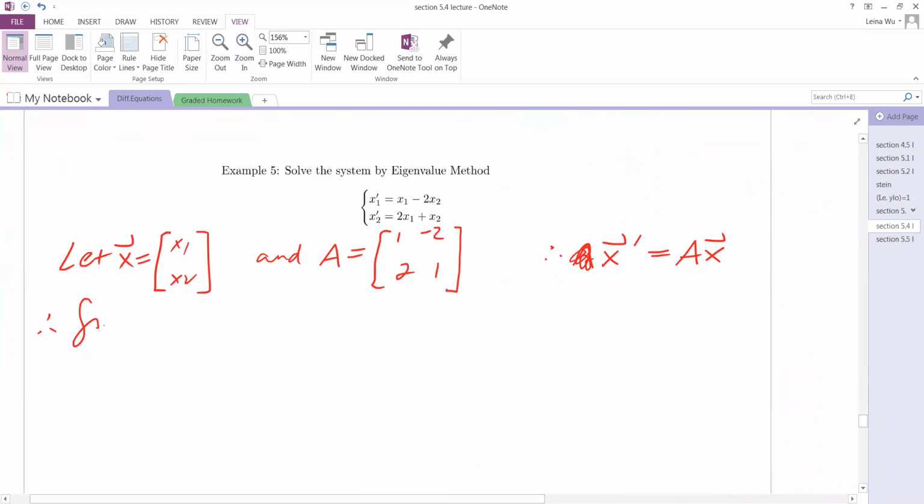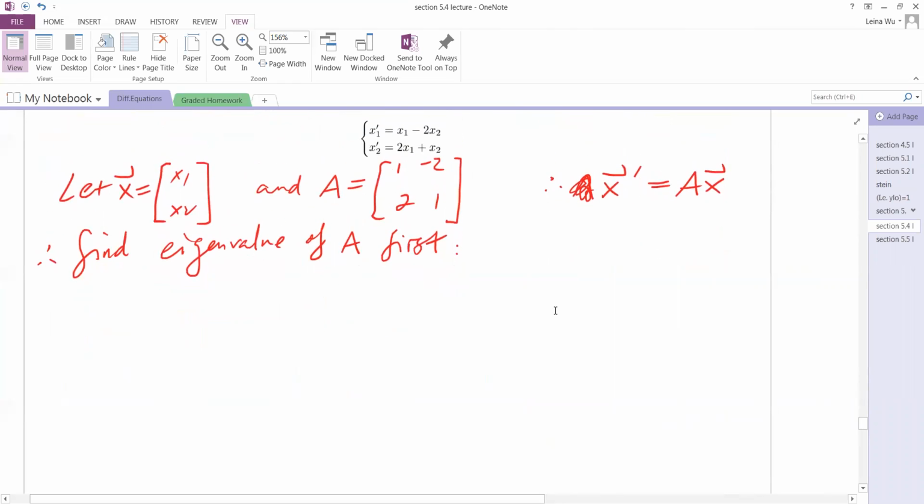So let's go ahead and find the eigenvalue of matrix A first. We're going to do the determinant of A minus lambda I2 equals 0.